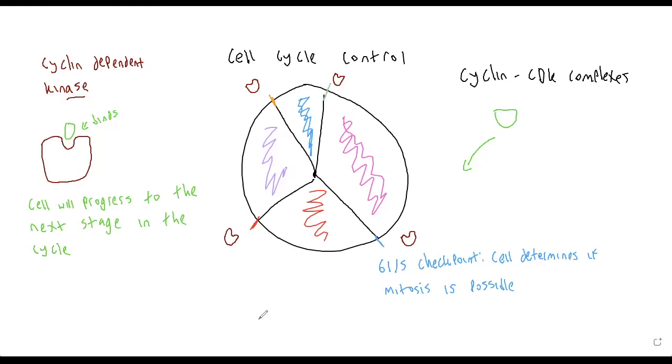And by only making cyclins when it's time for the cell to go through the cycle, it controls how often the cell divides. So even though the CDKs are constantly present, if the cell is not making cyclins, then the cell cannot go through the cell cycle. So it's a series of checks and balances.